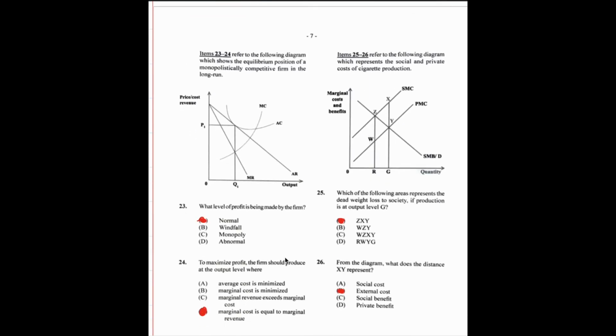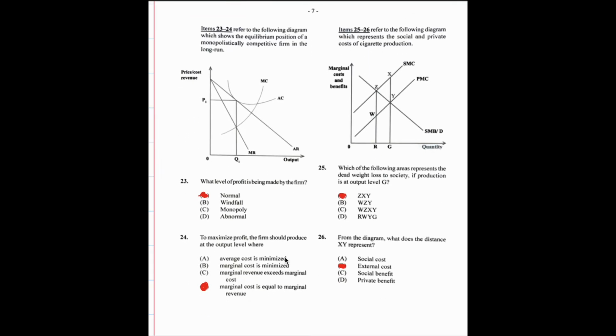Alright, 23 says what level of profit is being made by the firm, and we see that this is normal profit because the profit from the profit maximizing point, that is where MR equal MC right here. As you go up along, you find that the profit maximizing line, so to speak, actually coincides with this point of the AR curve as well as this minimum point of the AC curve.